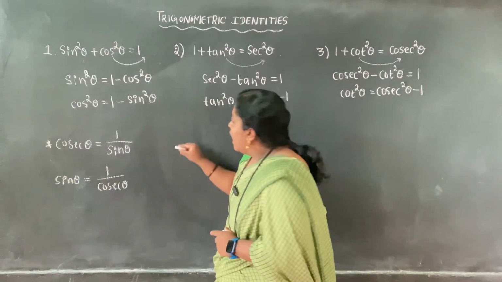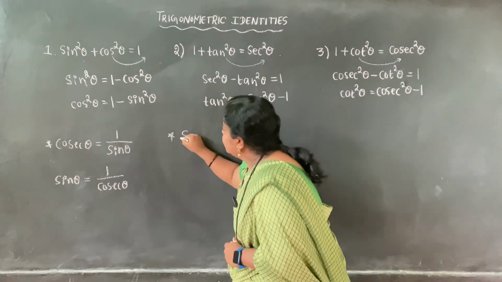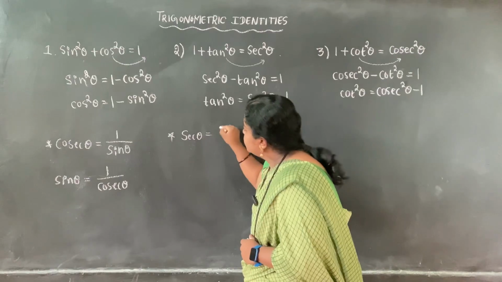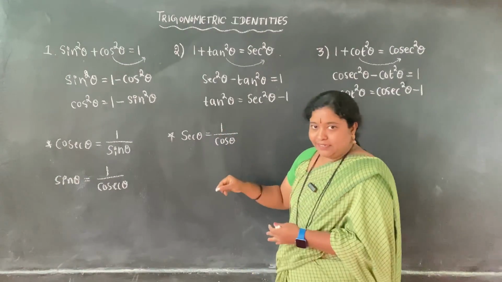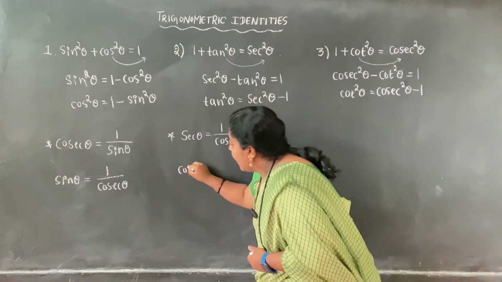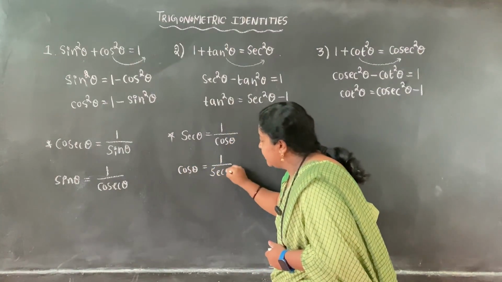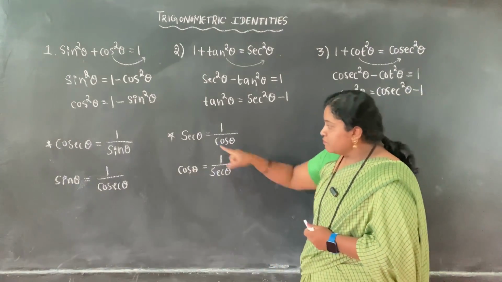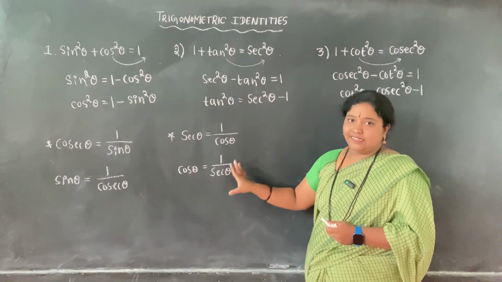Another important one is, you know that secant theta is the reciprocal of cos theta. Means cos theta can also be written as 1 by sec theta. Is it not? Sec is the reciprocal of cos, where cos is the reciprocal of sec theta.